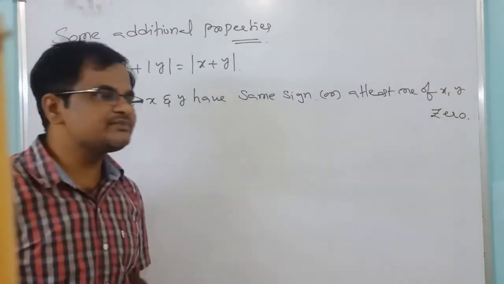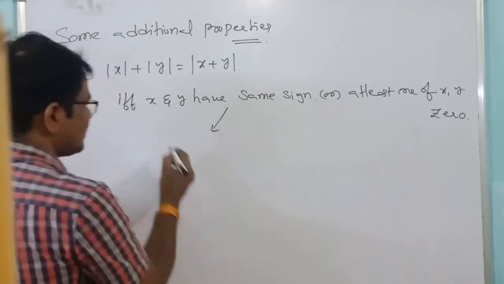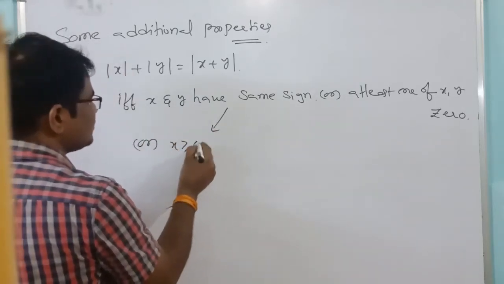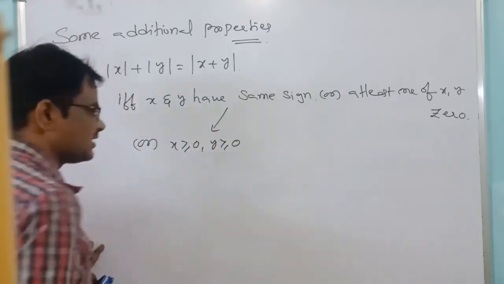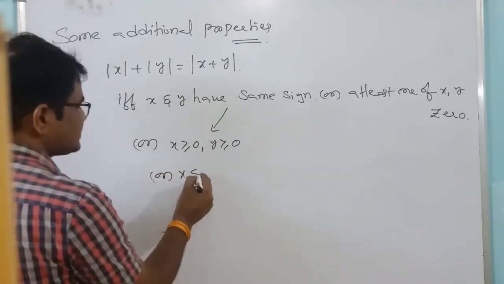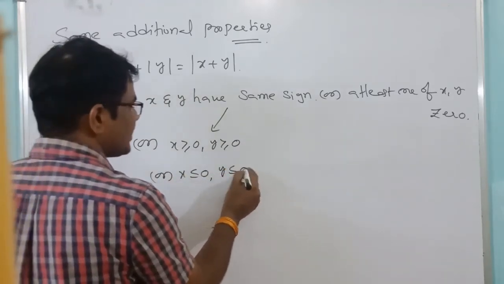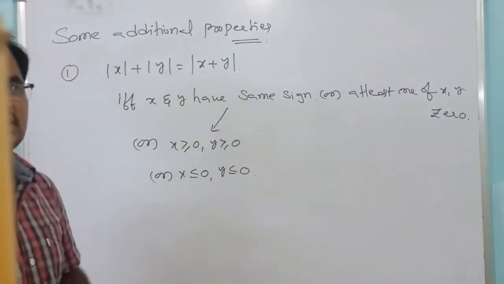X and y have same sign means what is the meaning? Either x greater than or equal to 0, y also greater than or equal to 0, or x less than or equal to 0, y also less than or equal to 0.